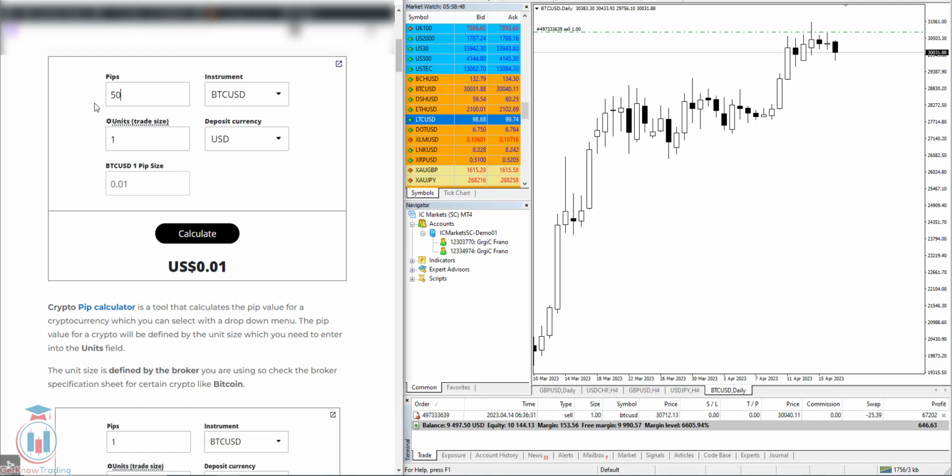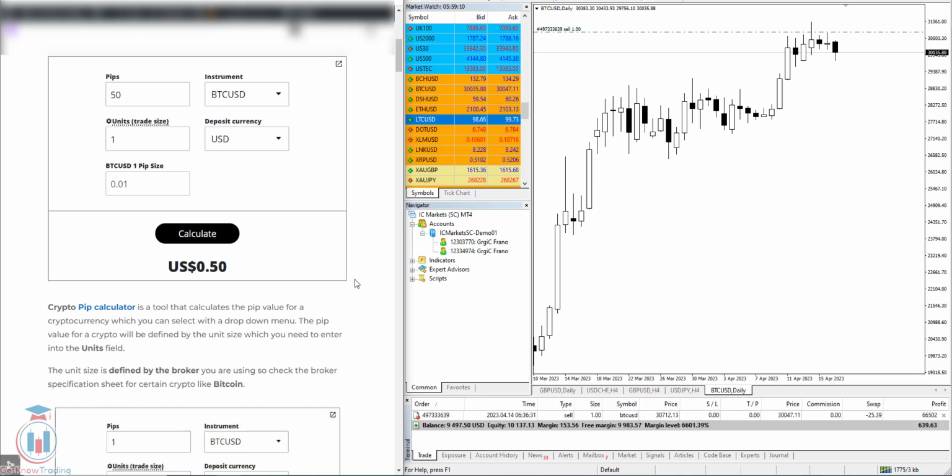So when we put here 50 and click Calculate, we get the value of $0.50, which is 50 cents. So if the price changed by 50 pips, I will make or lose $0.50.